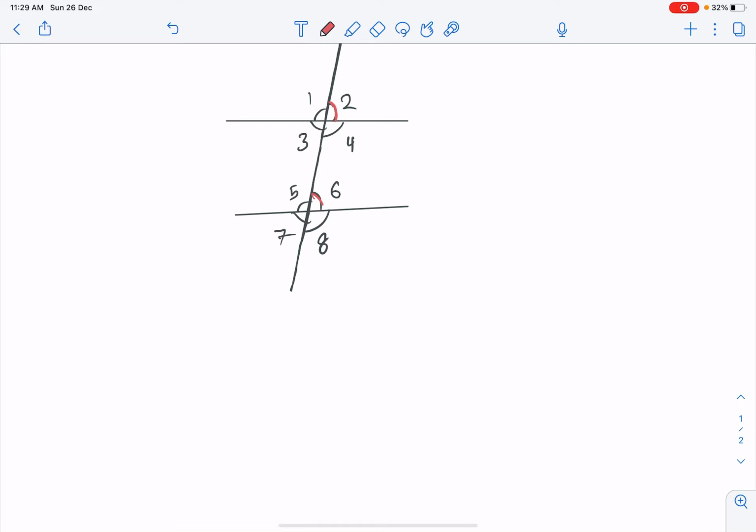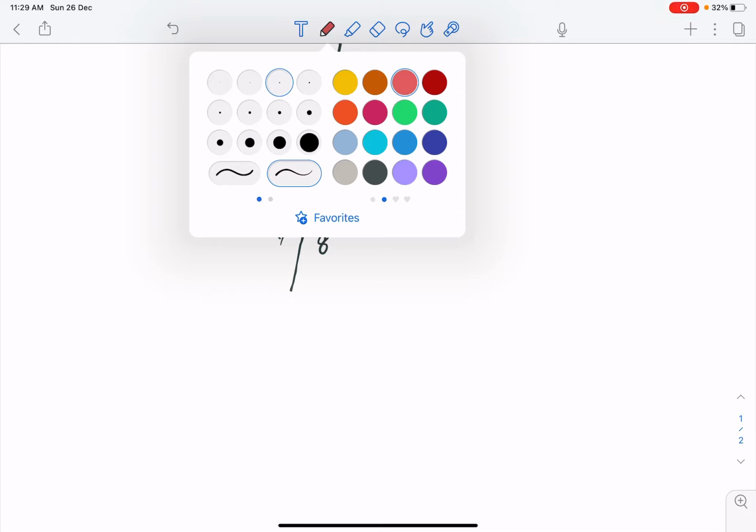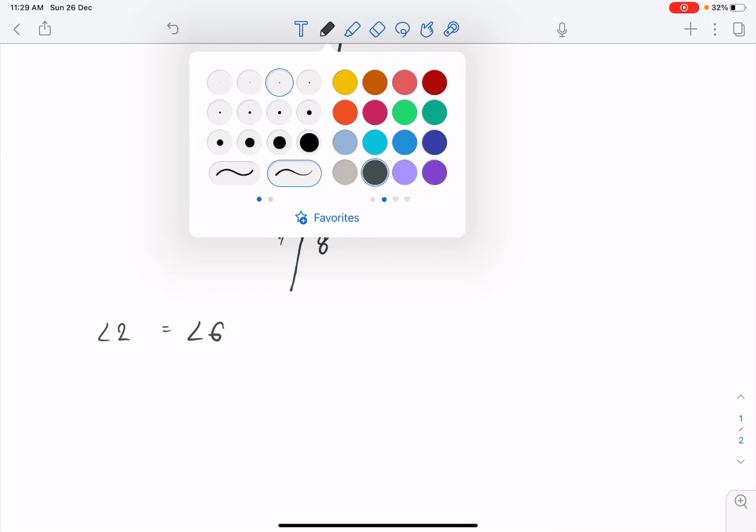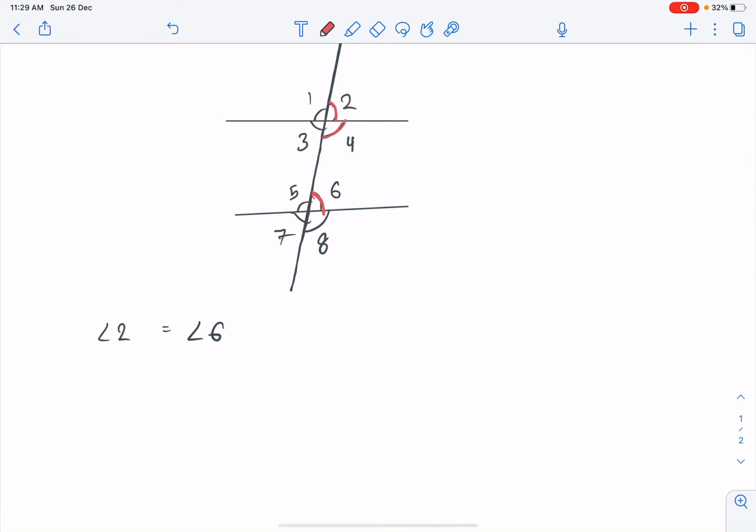Angle 2 and angle 6 are equal to each other by the concept of transversal lines. So here angle 2 is equal to angle 6 and angle 4 is also equal to angle 8. Angle 1 is equal to angle 5 and angle 3 is equal to angle 7.